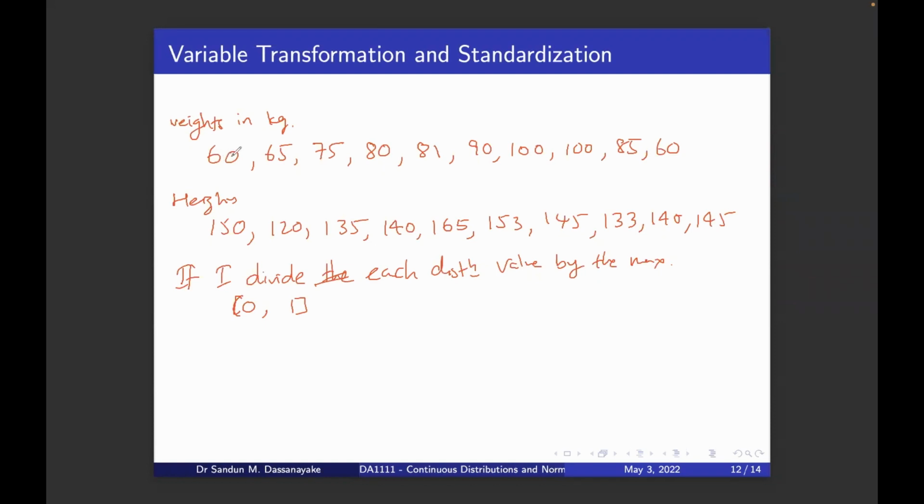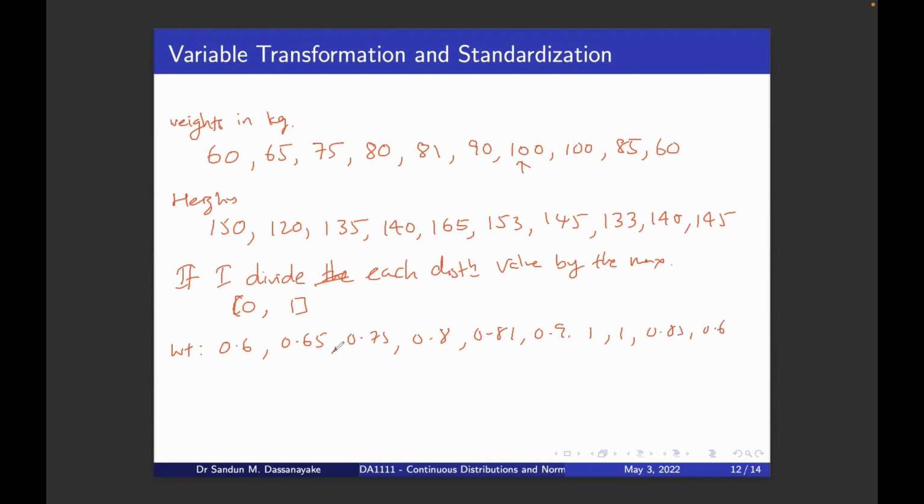Because when I divide the smallest value by the maximum value, so what is the maximum value here? It's 100. So if I divide each value by 100 for weights, what do we get? 60 divided by 100 is going to be 0.6. 65 is going to be 0.65, 0.75, 0.8, 0.81, 0.9, and 1, 0.85, 0.6.